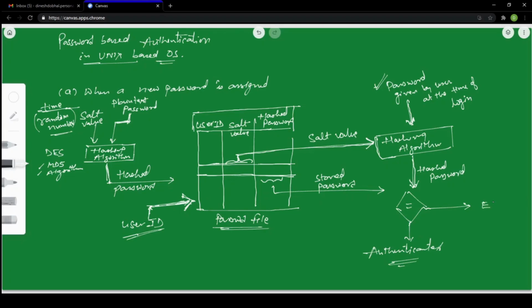Otherwise, an error message or a trapping message is displayed on the screen, that is, the user is not authenticated or his or her password or user ID is not valid. This is the authentication process, that is, a password based authentication process used in Unix Linux based operating systems.